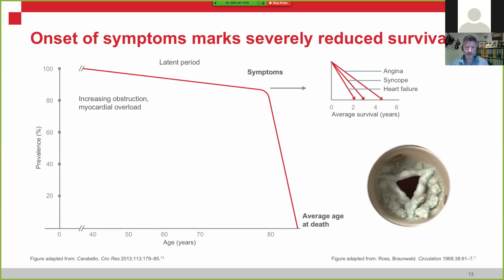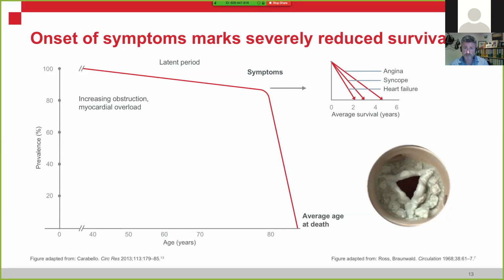And this would be akin to a lot of the more aggressive cancers that we obviously manage and see within a primary care setting. We need to be thinking of aortic stenosis in the same way that we do some of these more aggressive, whether it's breast or lung or colon cancers.